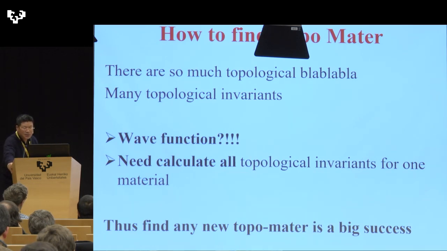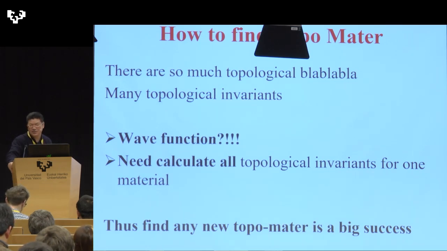They have so many topological invariants, right? And then you need to calculate them. How do you calculate this? You use the wave function. You do the wave function integral over the Brillouin zone. Usually it's slow.